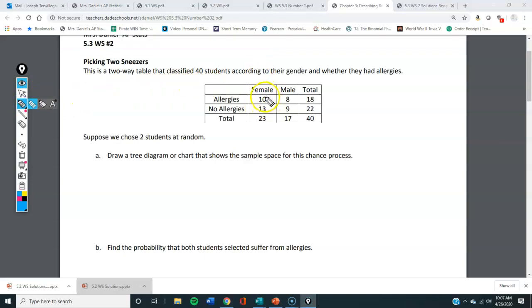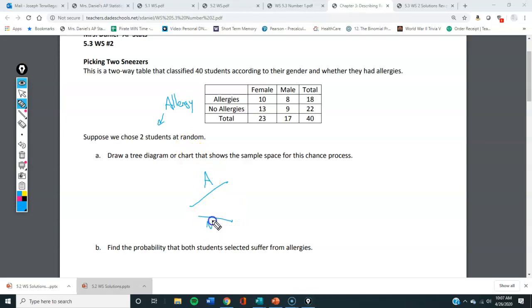So we're given a two-way table, and we're going to choose 2 students at random. Draw a tree diagram to show the sample space for this chance process. We're looking for just allergies, not the sneezers. What are the 2 types of people in the world?